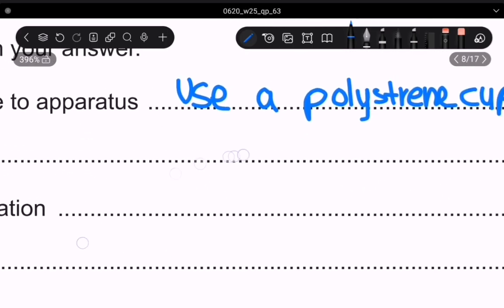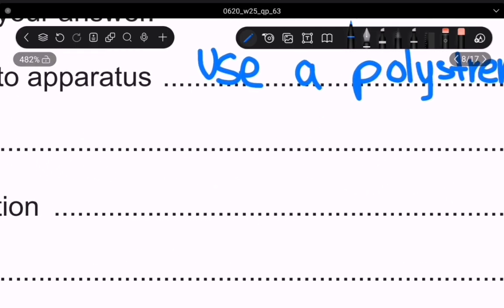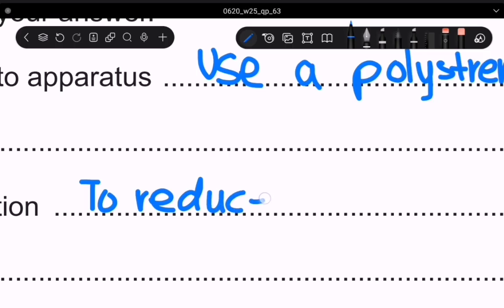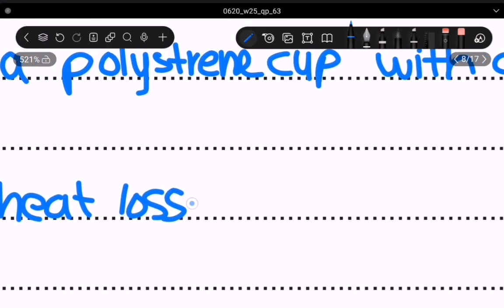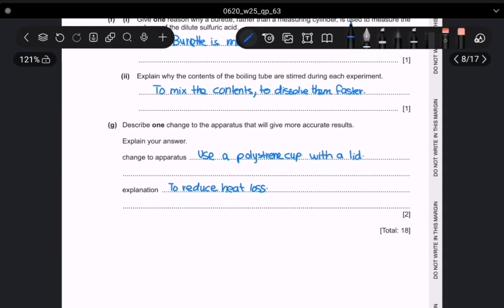So the explanation you can say is that it reduces heat loss. It will reduce the amount of heat lost, sorry, not to the environment, in the experiment. So it will cause maximum heat to be inside your polystyrene cup.